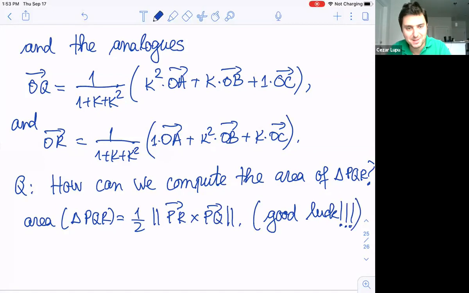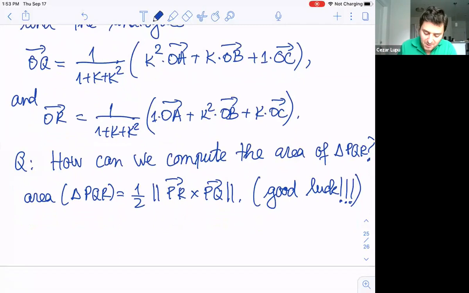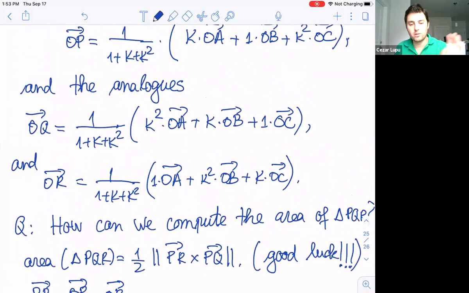I don't want to say how much time I spent. Maybe I just did it wrong, because you can write the RP vector, using the triangle rule, as the OP vector minus the OR vector. Well, subtract these two, try to cross them, and maybe it will work. Maybe it didn't work out.